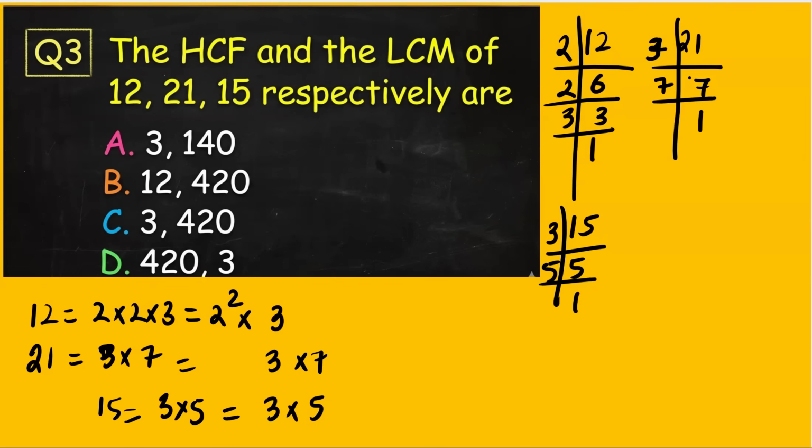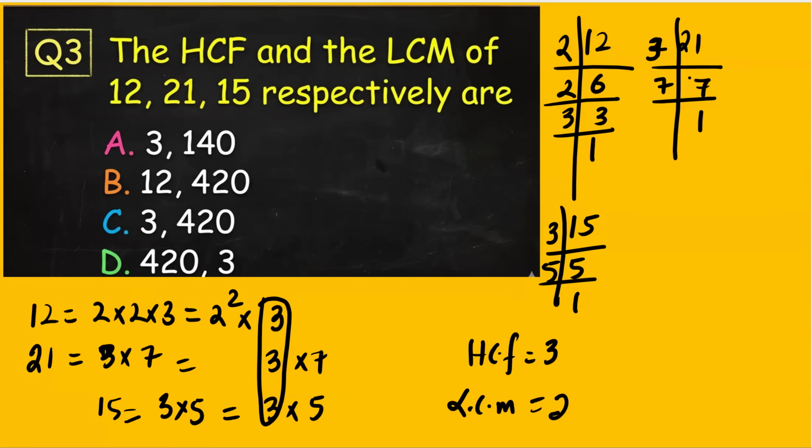Now if I want to determine the HCF, it is what is common in all three. We can see the common factor in all three is only 3, so the HCF is 3, taking the least power. Now for the LCM, we take the highest power of each number. The highest power of 2 is 2 to the power of 2.